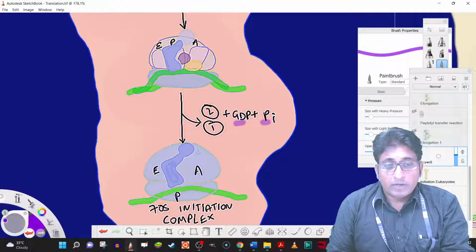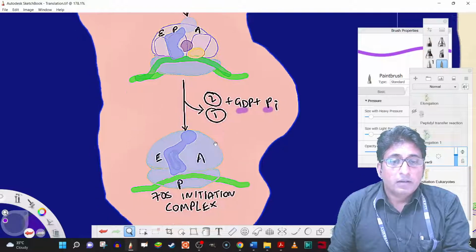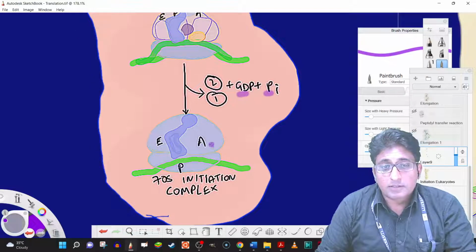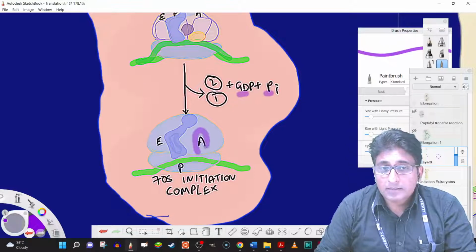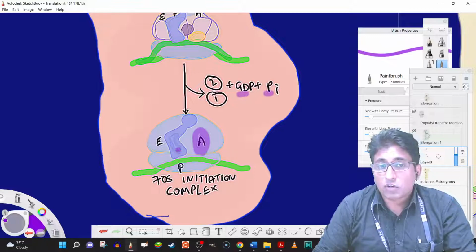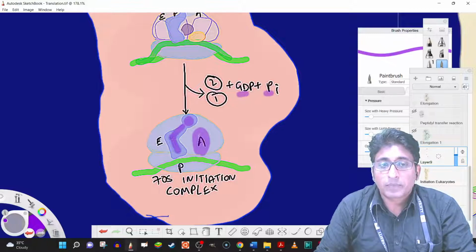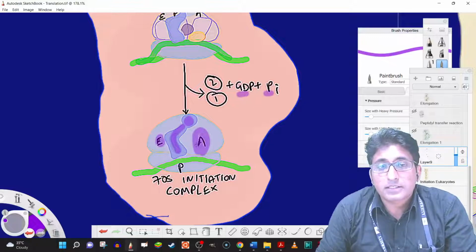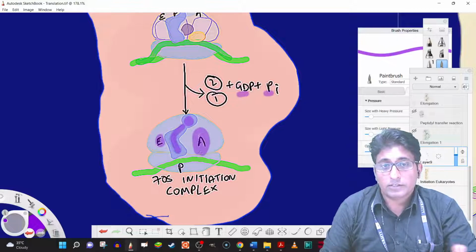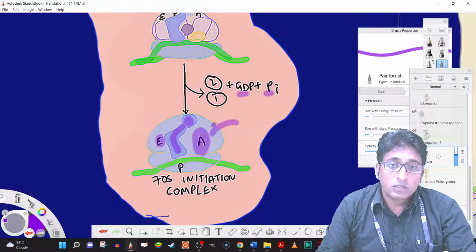And now what we are left with is an empty A site where tRNA could come, and the P site is occupied by the initiator tRNA along with the N-formyl methionine, and the exit site.